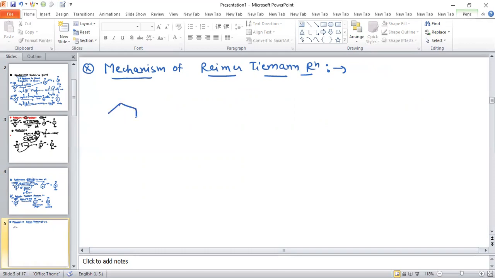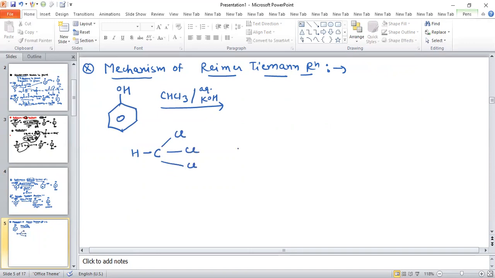So if phenol is given there, this is the phenol, and we are using chloroform, which is CHCl3, along with aqueous KOH. See the first step. This chloroform you can write in this way: CH, and this is Cl, this is Cl, and this is also Cl.